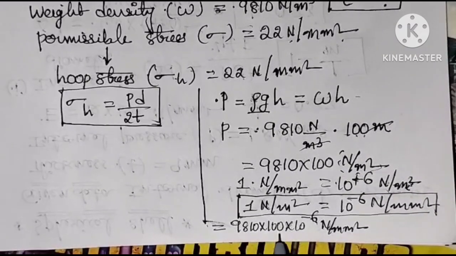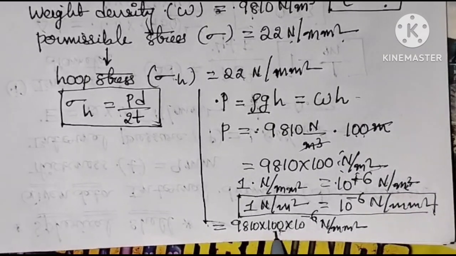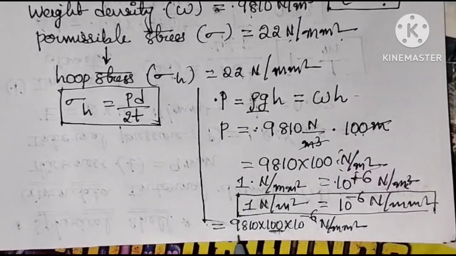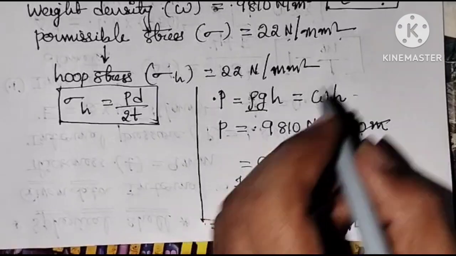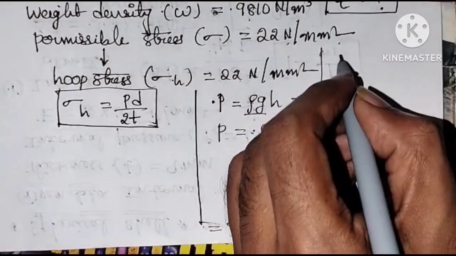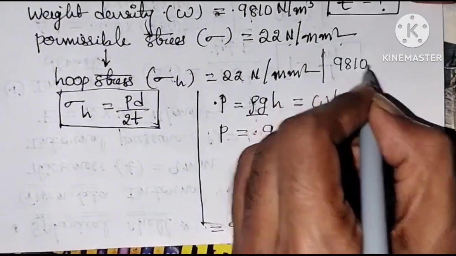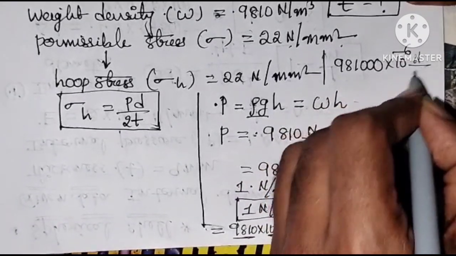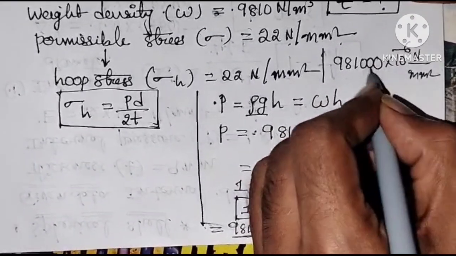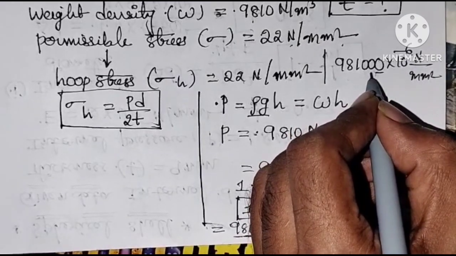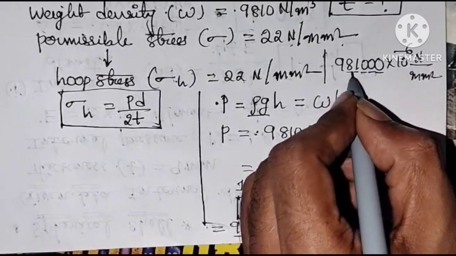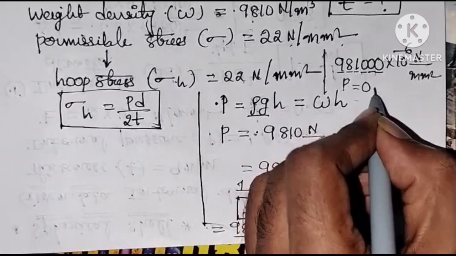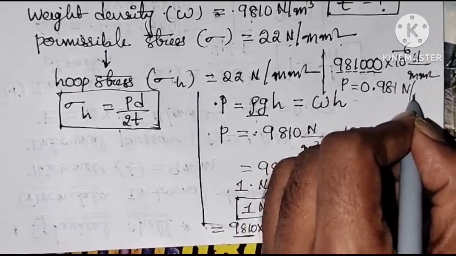Multiplying 9810 and 100, you will get 981000 into 10 to the power of minus 6 Newton per mm square. Moving 6 decimal places, 1, 2, 3, 4, 5, 6, you will get internal pressure P equal to 0.981 Newton per mm square.